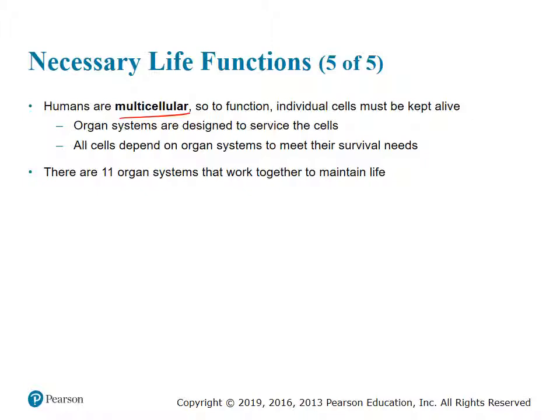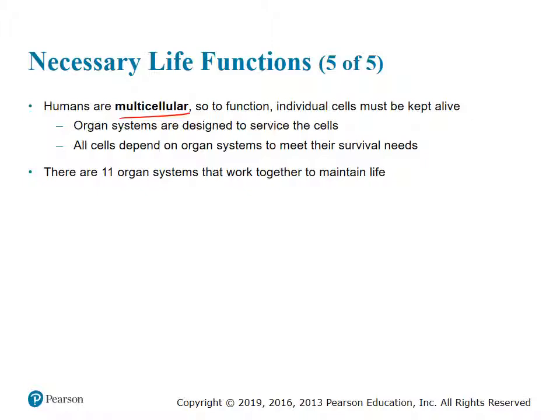We know that humans are multicellular, in regards of trillions with a T of cells in our body. Because those cells are considered living, those individual cells have all of those conditions met that we just talked about. They have to be kept alive. We have to keep them alive long enough for them to do their job, basically. I mean, that's as basic as it is, right?